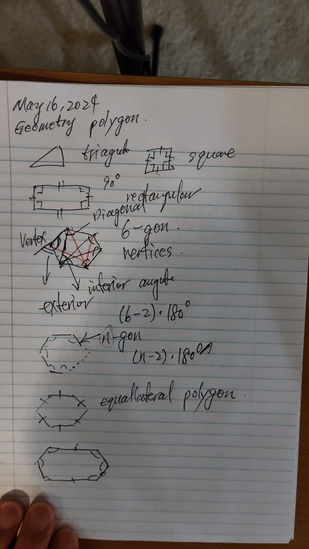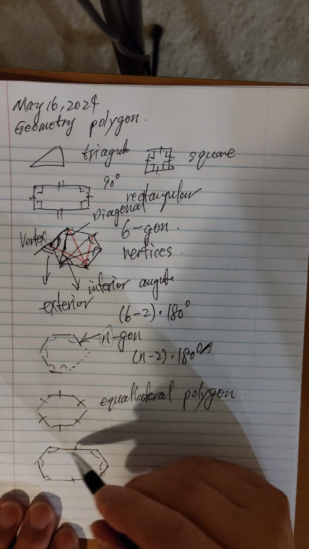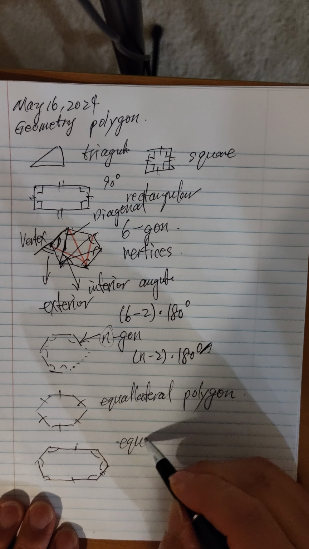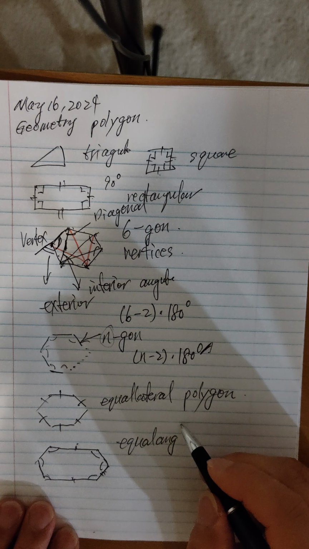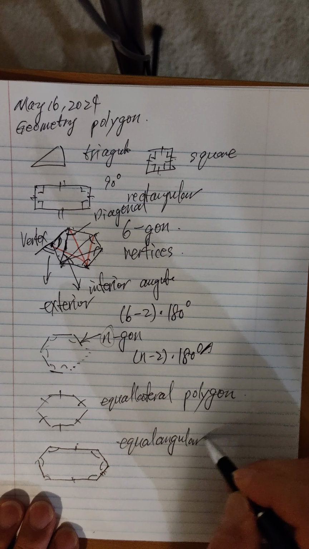You can tell. If all interior angles are the same, but not the sides, this is called an equiangular polygon.